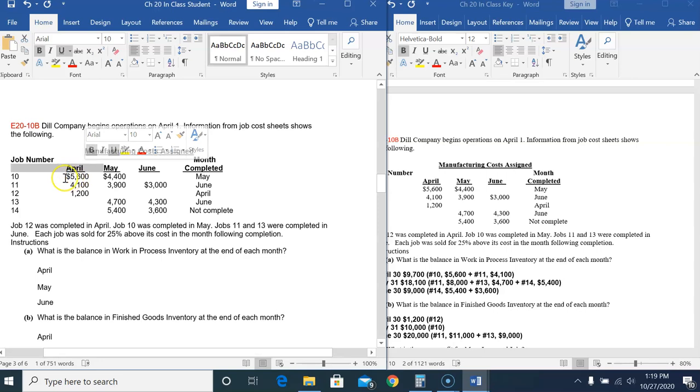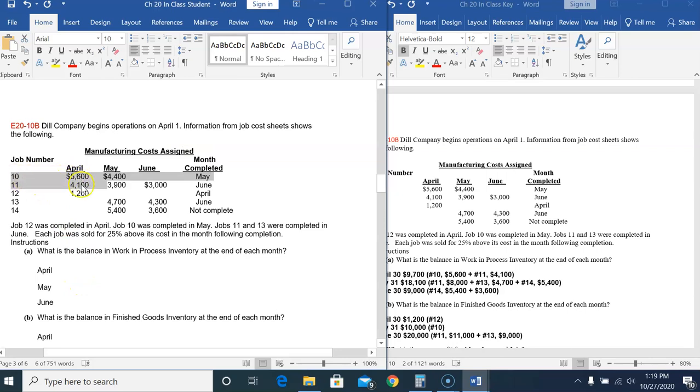In April, we were working on 3 jobs, 10, 11, and 12. Of those 3 jobs, 2 of them were not completed at the end of April, but 1 was completed, which means at the end of April, the only cost recorded and still sitting in work in process will be associated with jobs that were started, not completed.